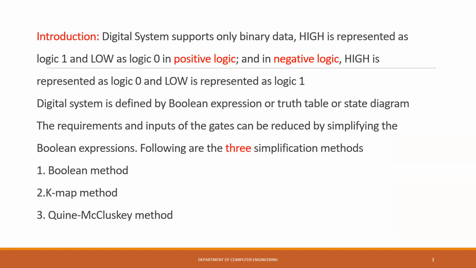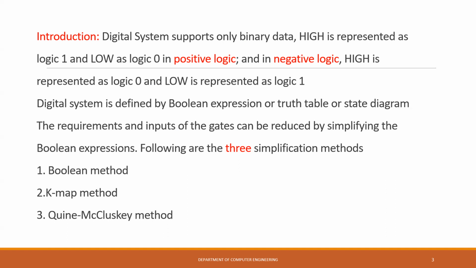This digital system supports binary data as logic 1 or high, that is positive voltage, represented with the help of plus 5 volt, and the second one, logic 0, that is 0 volt, is represented by low. Means in the positive logic system, plus 5 volt is used to represent logic 1 and 0 volt is used to represent logic 0. Now, the second digital system is the negative logic system.